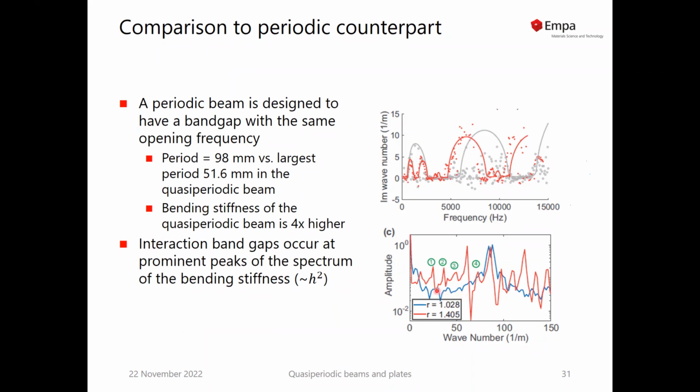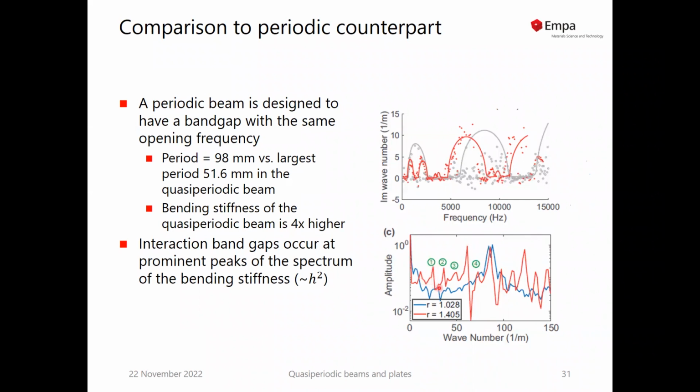And if we look at the Fourier transform of this thickness of the beam squared, we see high peaks at the edges of the Brillouin zone, here and here, but we also see high peaks at their linear combinations due to the interaction, the nonlinear interaction between these two wave numbers.